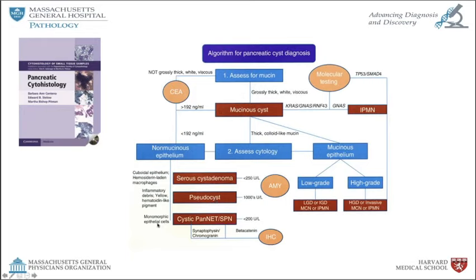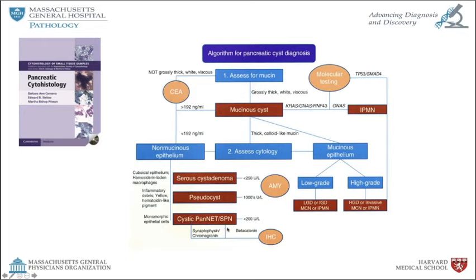And do you see monomorphic epithelial cells, such as ones you would expect to see in a neuroendocrine tumor or a solid pseudopapillary tumor? Is the chromatin coarse and stippled? Are there coffee bean nuclei with little wispy tags of cytoplasm? The amylase is low in both of these, as is the CEA.